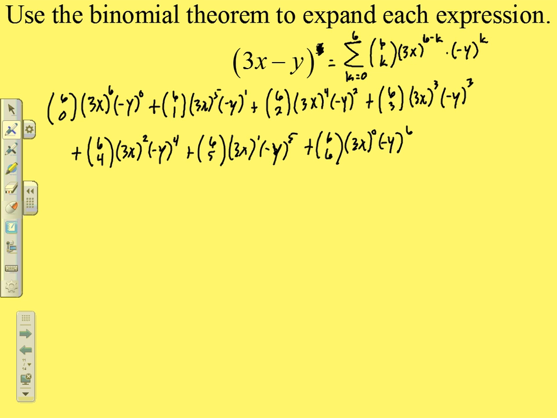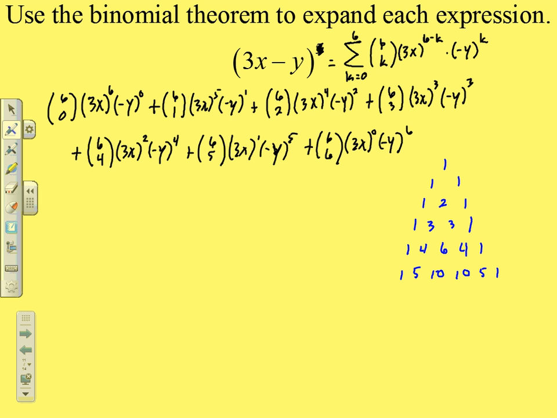When n is 0, I get 1, and then 1 and 1, and then 1, 2, and a 1, and then a 1, 3, another 3, and a 1, and then a 1, a 4, a 6, a 4, and a 1, a 1, a 5, a 10, a 10, another 5 and a 1.